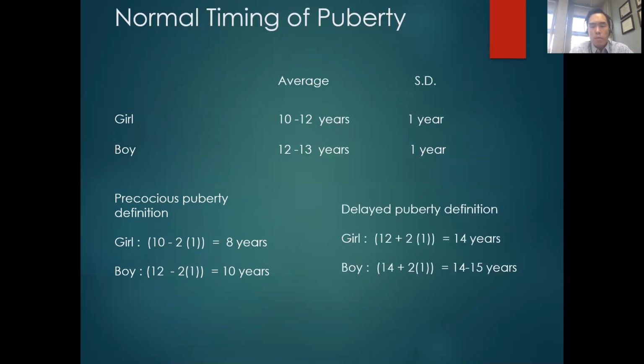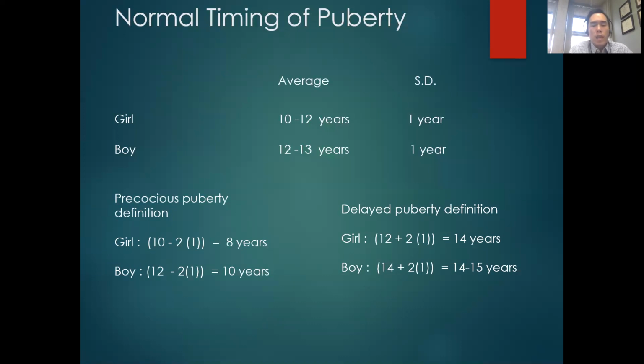Same thing for delayed puberty, right? It is 2 standard deviations after the average onset. So it's 12 plus 2 in girls, which is 14 years, and in boys approximately 14 plus 2, which is 14 to 15 years. So we use an approximation.